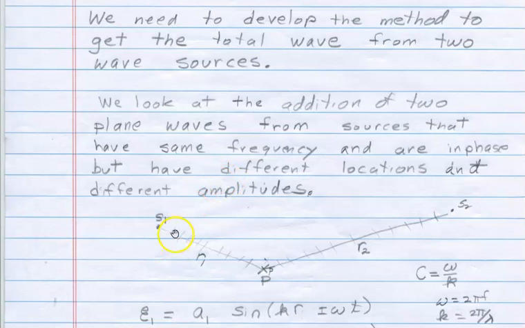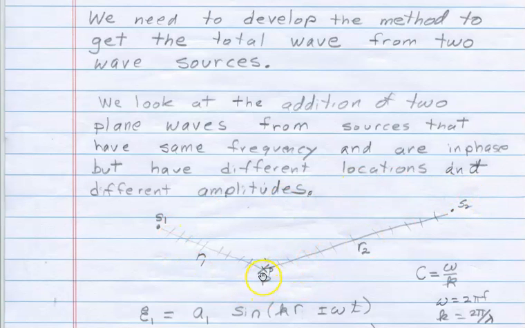But at least for our purposes here, I'm going to be looking far enough away. R1 is far enough away so that by the time the wave gets to the observer or the detector at P, it's a plane wave, and likewise from S2. R2 is far enough away, even though it might be a point source, that by the time it arrives at this point P, it's effectively a plane wave.